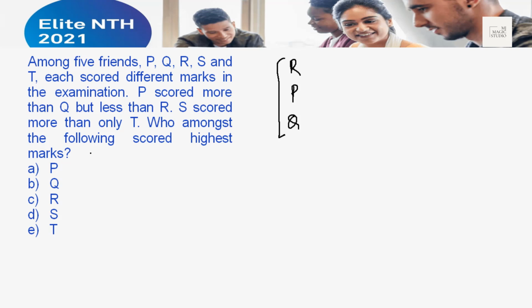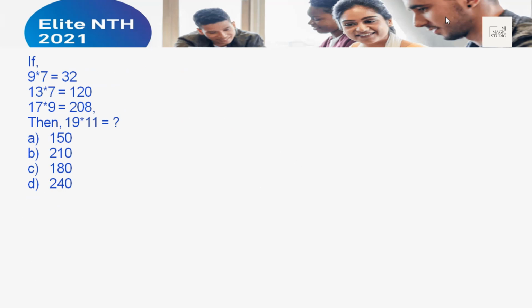S scored more than only T. So S is above T. And since S has scored more than only T, that means S and T should be at the 4th and the 5th position respectively. Who amongst the following scored highest marks? R. Option C fits in.